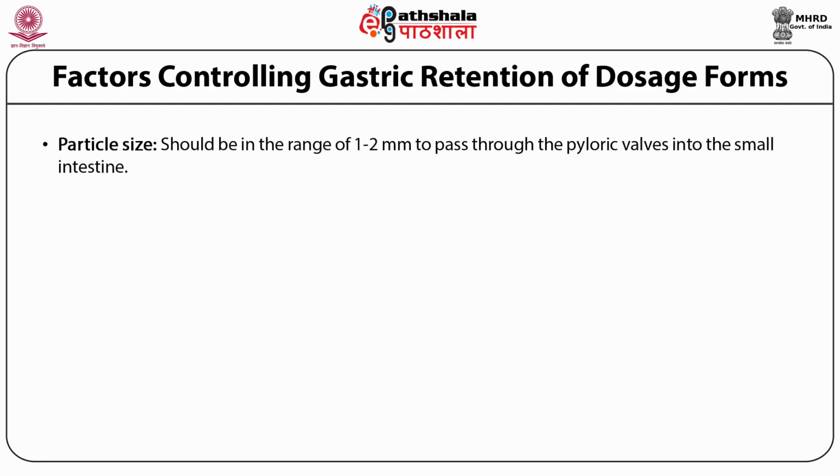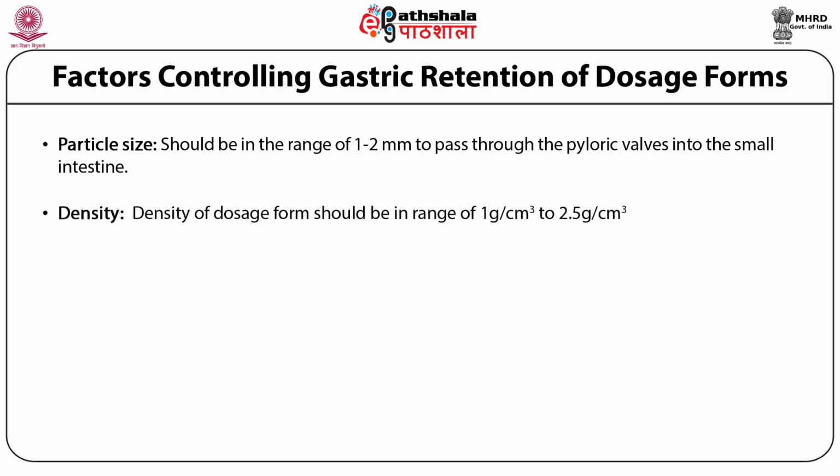The particle size should be in the range of 1 to 2 mm to pass through the pyloric valves into the small intestine. The density of the dosage form should be in the range of 1 gram per cubic centimeter to 2.5 grams per cubic centimeter. The size should be greater than 7.5 mm in diameter.